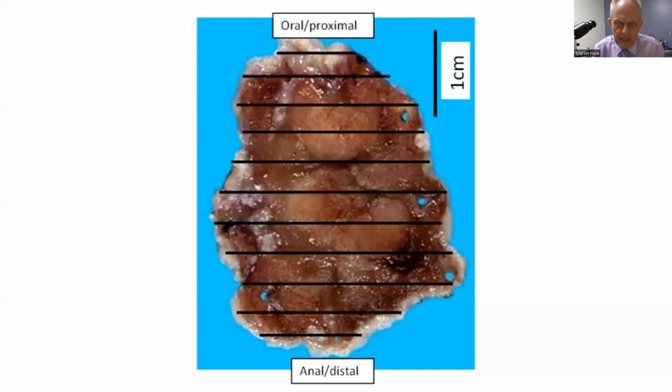I don't particularly do sections in a transverse manner, because to me it's counterintuitive. I'd rather do things in the direction of flow, so I can actually understand it. When looking at this, I personally visualize this portion of tissue in the patient.